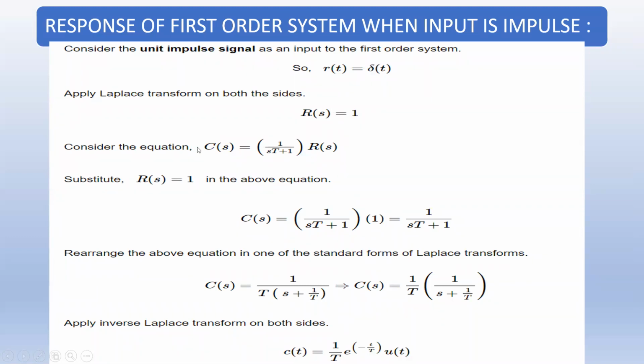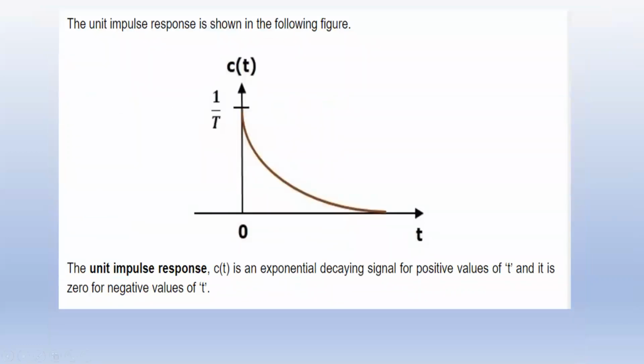If we substitute R(s) equal to 1 in the output equation, we get C(s). If we apply the inverse Laplace transform to this, we get an exponentially decaying term, which is the time domain output. This is the graph which shows the corresponding input output relation.